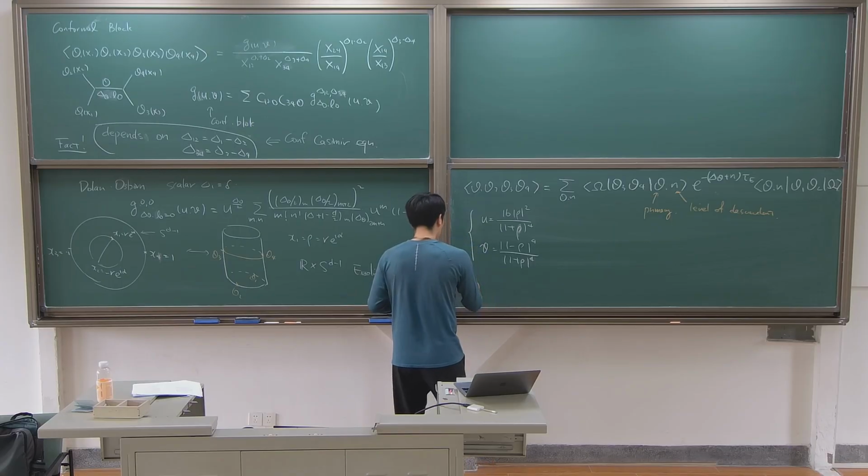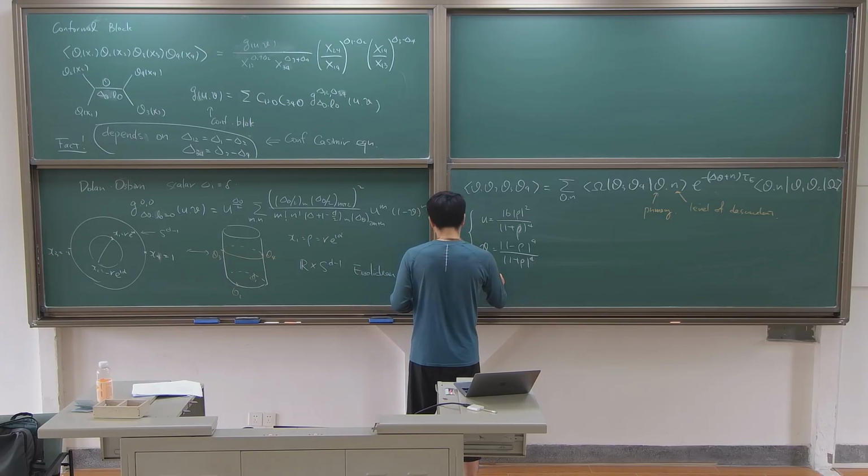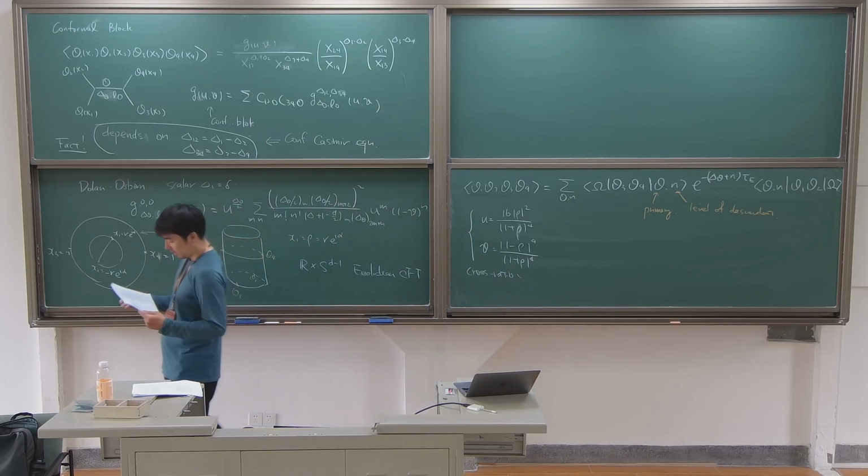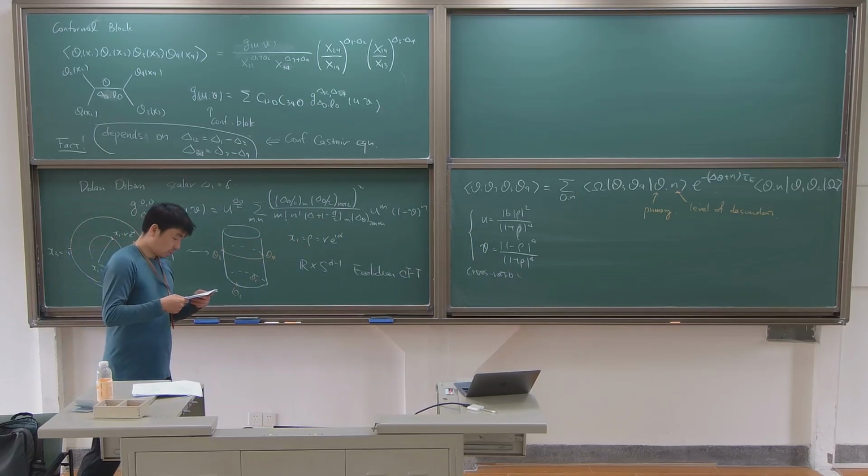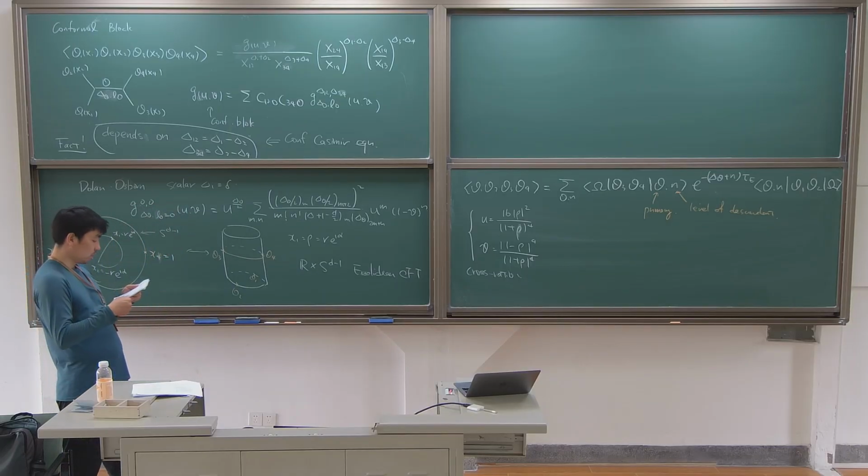So these are the cross ratios. In this setup, u and v are like this.